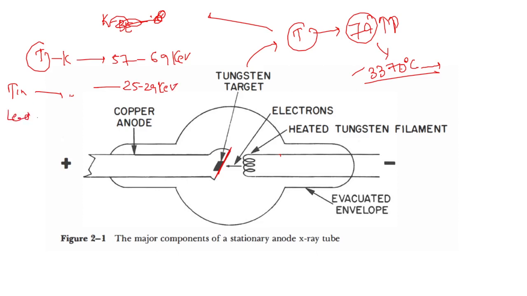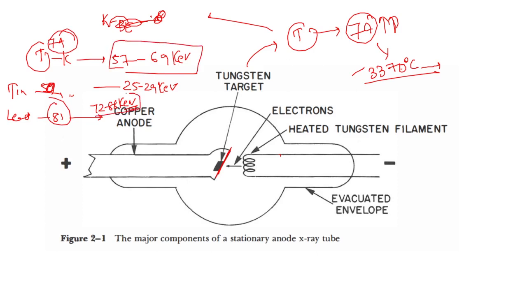Lead has atomic number 82, tin has 50, and tungsten has 74 atomic number. For lead, the characteristic X-rays will be between 72 to 88 kilo electron volts. So if you see, as the atomic number increases, the energy of the characteristic X-rays increases, and we require characteristic X-rays of optimum levels. So tungsten is used as a good target material.